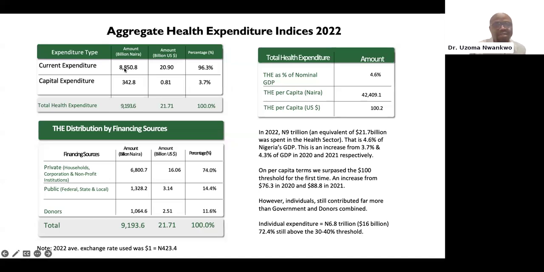If, for instance, this number is in trillion and this one is in billion, what would you put here if you were to do this legend? I'll probably just leave it as amount, then put naira in brackets. So that means you will now write 8,850,000,000,000. Okay, I hear you.